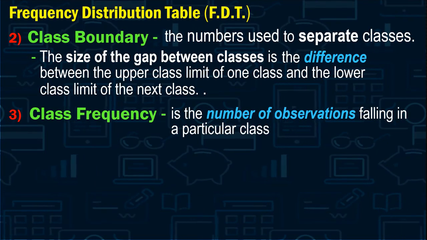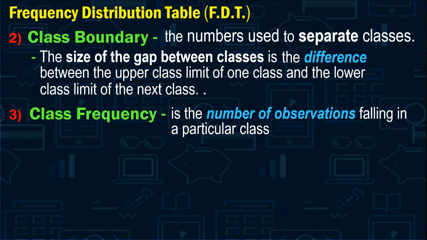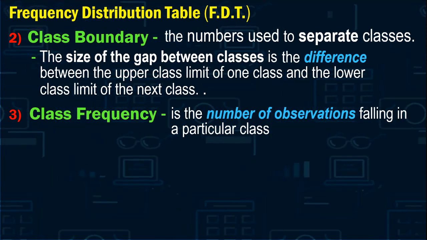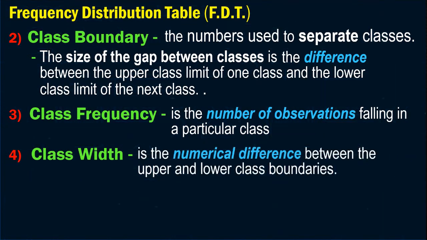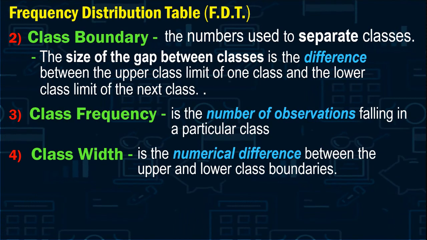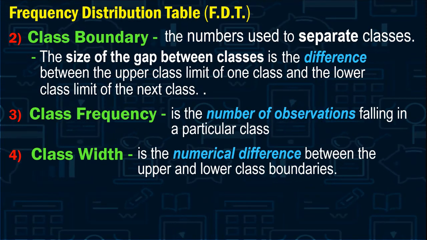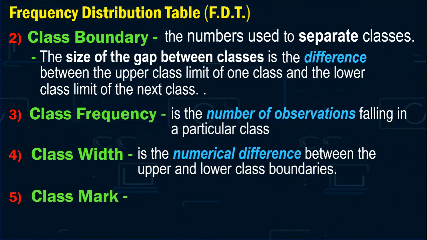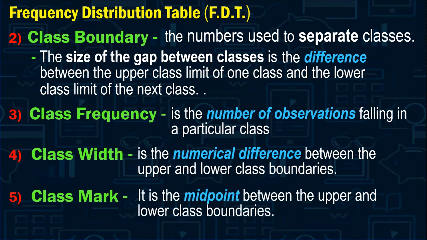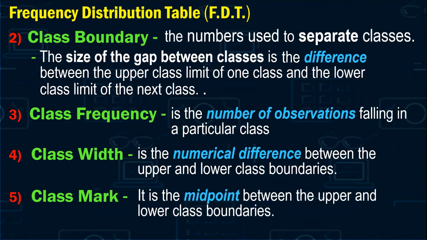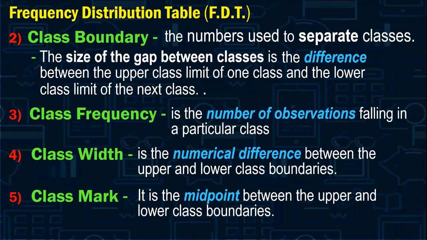It is the number of observations falling in a particular class. Fourth, we have class width. It is the numerical difference between the upper and lower class boundaries. And fifth, we have class mark. It is the midpoint between the upper and lower class boundaries.